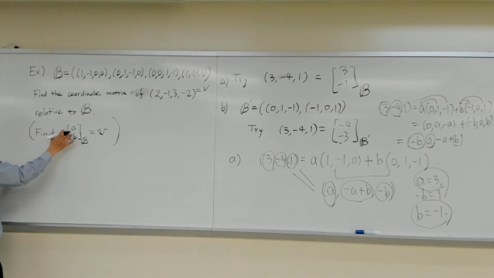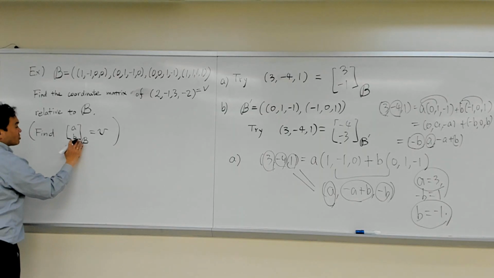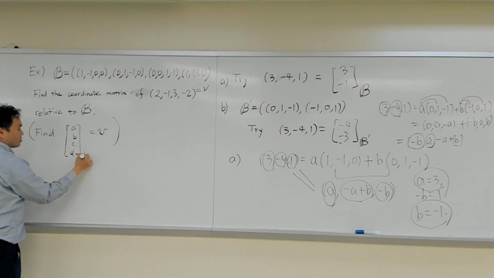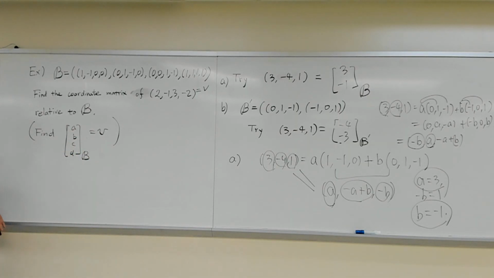So find the matrix A and find two numbers A and B. Oh, not A and B, sorry. It's 4-dimensional, so it should be 4 numbers. That's equal to B. That's what we are looking for.